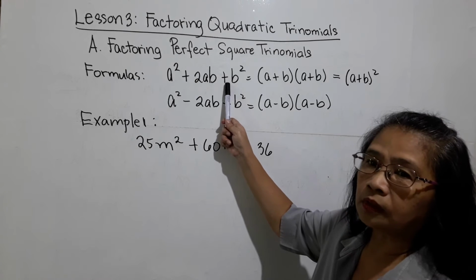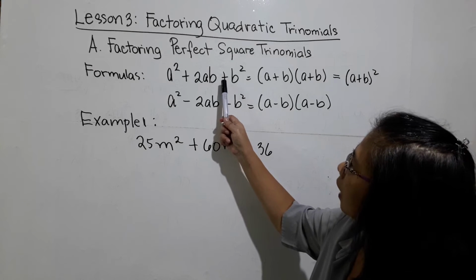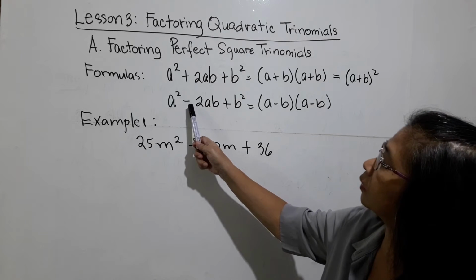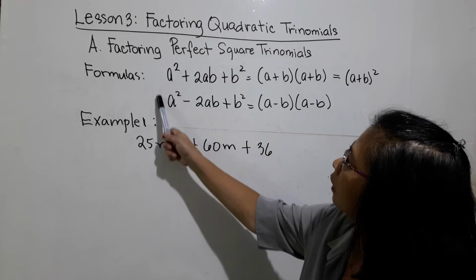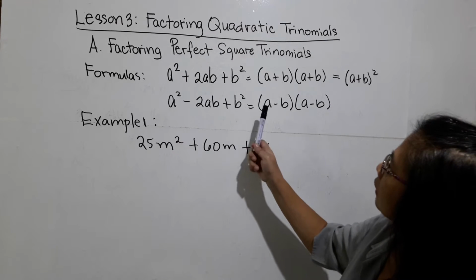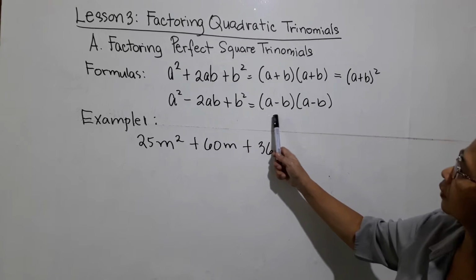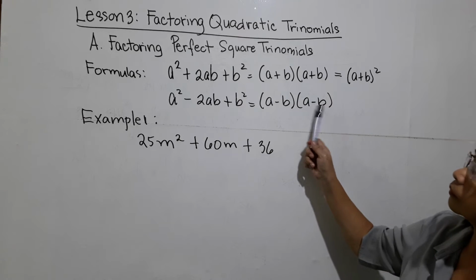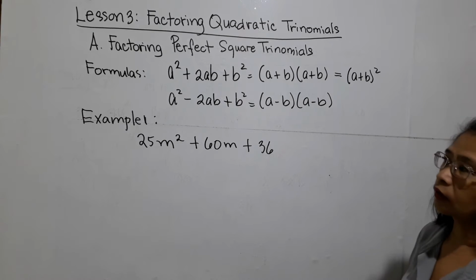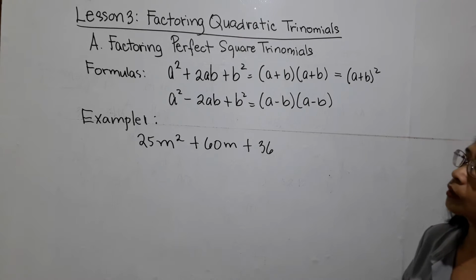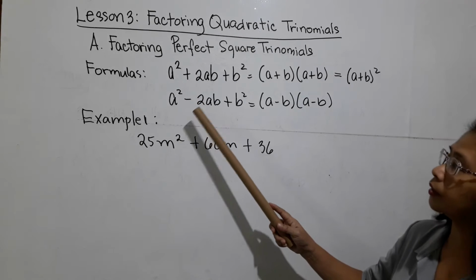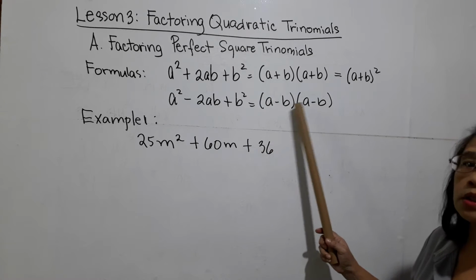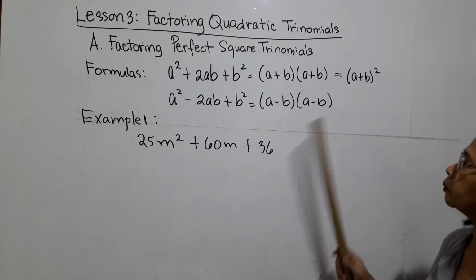This formula will be used if the operations of the second term and the third term are both addition. What about if the sign of the middle term is subtraction? We have to make use of the second formula, so that when we get the factors, the operations between a and b are both subtraction: a squared minus 2ab plus b squared equals the quantity a minus b multiplied by a minus b.